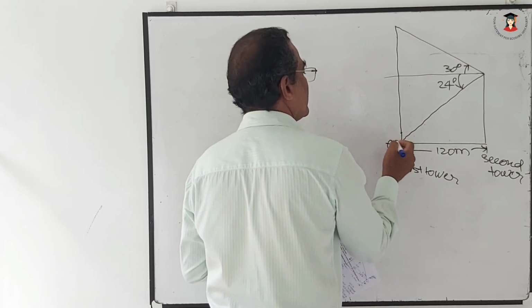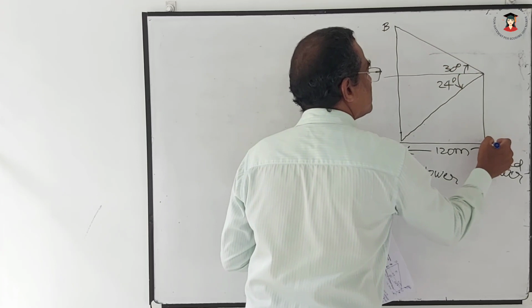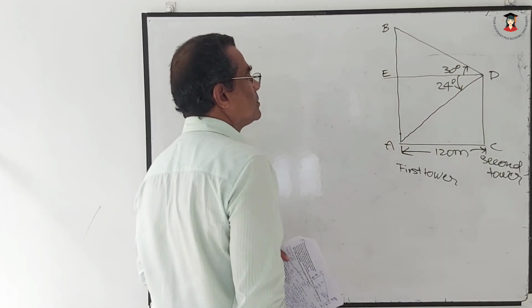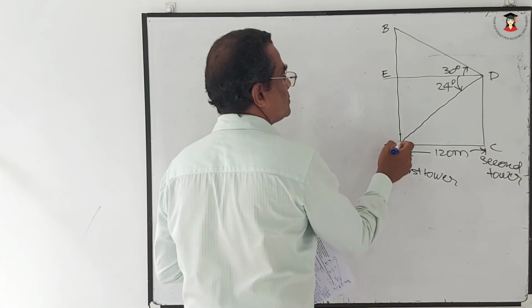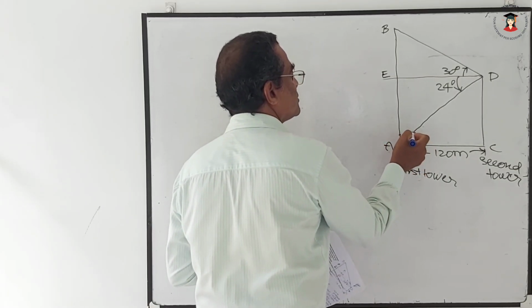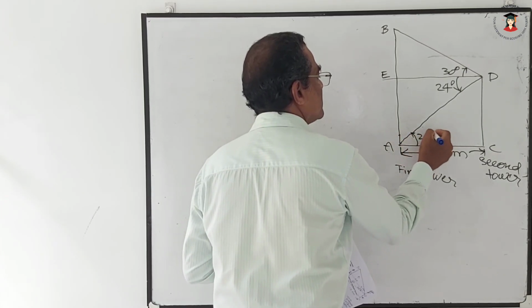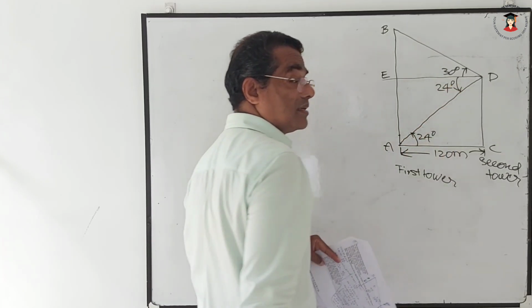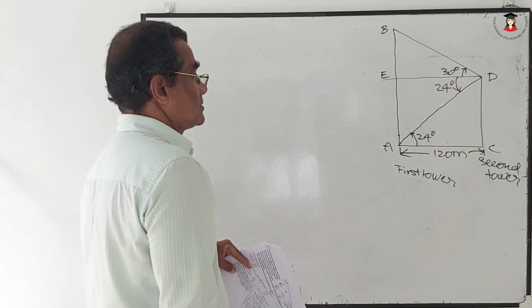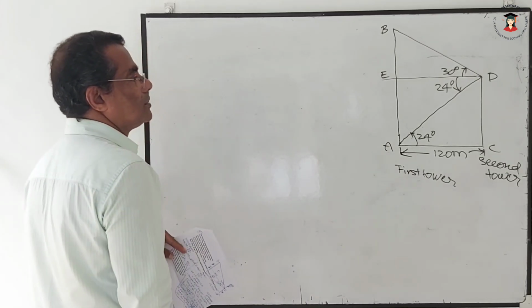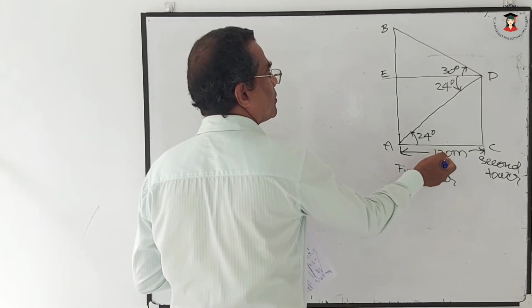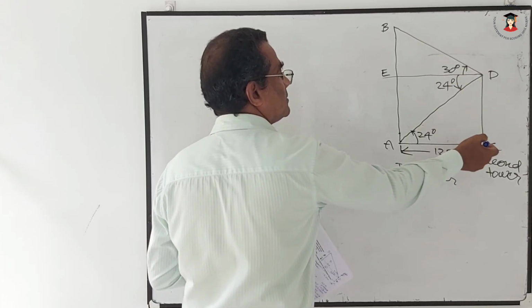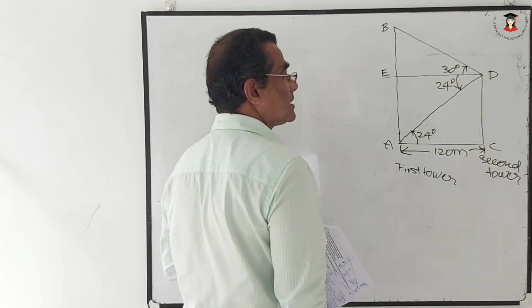Let the first tower be AB and the second tower be CD, and let this point be E. So I am writing this angle as also 24 degree because these are two parallel lines and this is a transversal. Therefore, these two angles are alternate angles. So this distance is known. There is an angle, so we can find out CD, that is the height of the second tower.